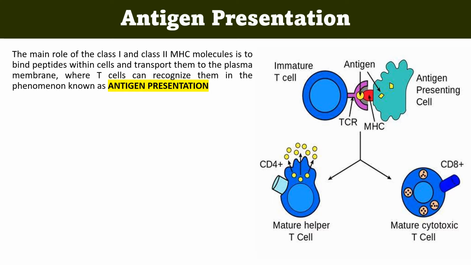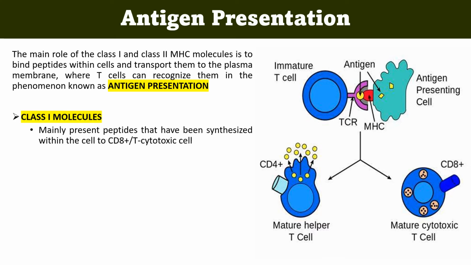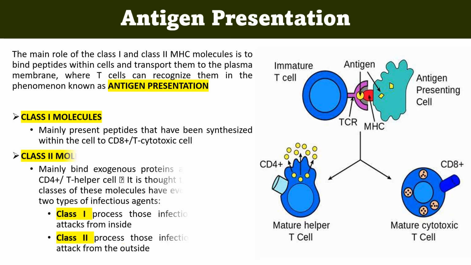Antigen presentation. The main role of the class 1 and class 2 MHC molecules is to bind peptides within the cell and transport them to the plasma membrane, where T cells can recognize them, in a phenomenon known as antigen presentation. Class 1 molecules mainly present peptides that have been synthesized within the cell to the CD8 plus receptor or T cytotoxic cell.